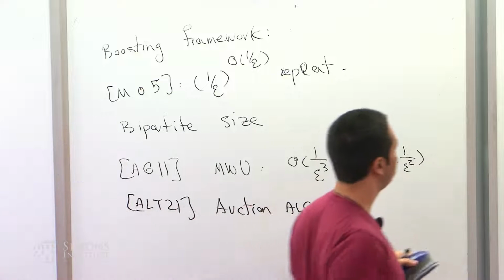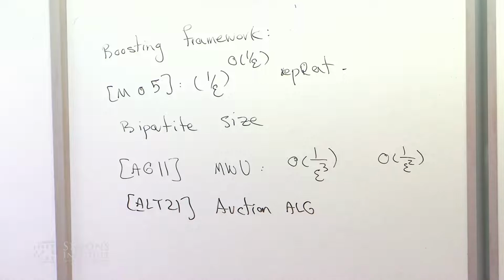Okay, so let's go first. So that there is order log n over epsilon down.